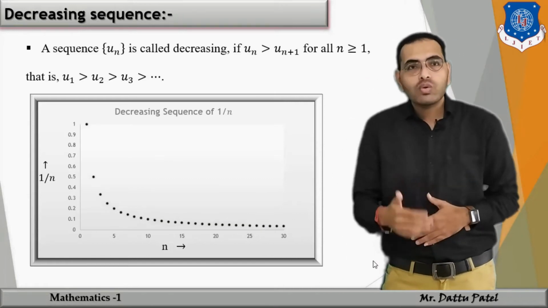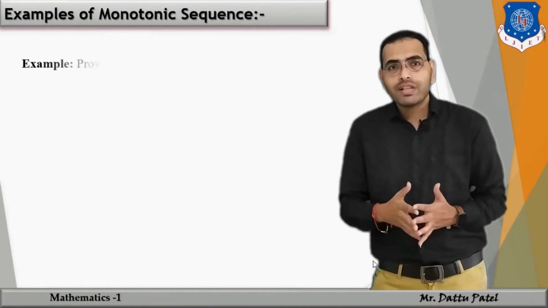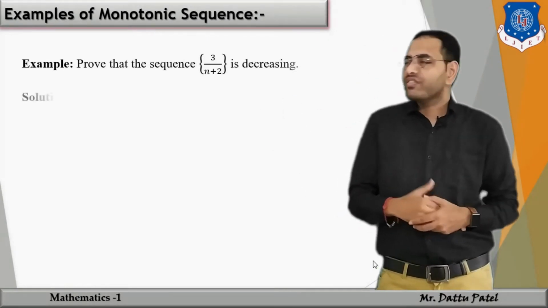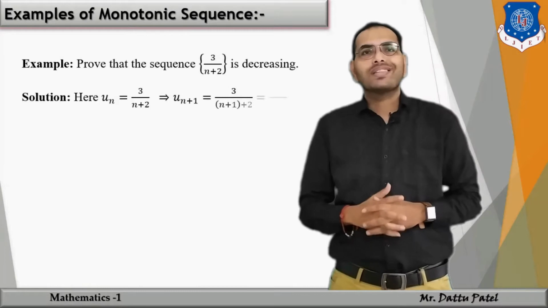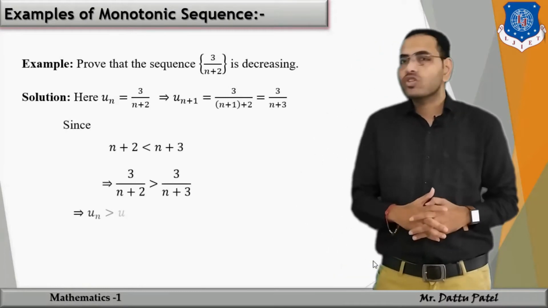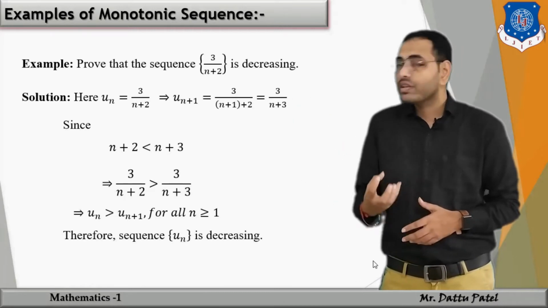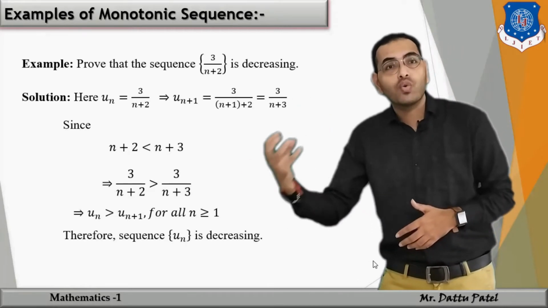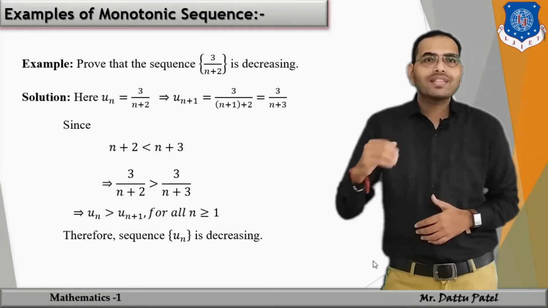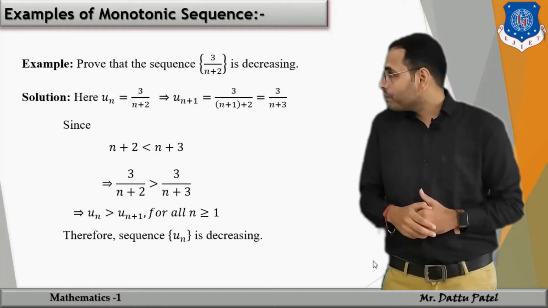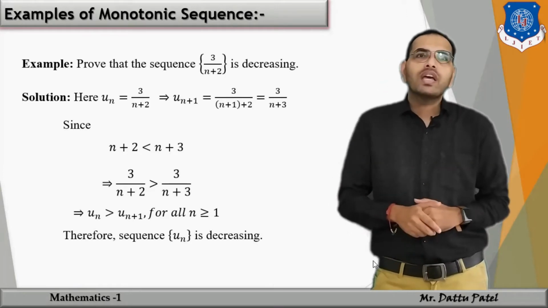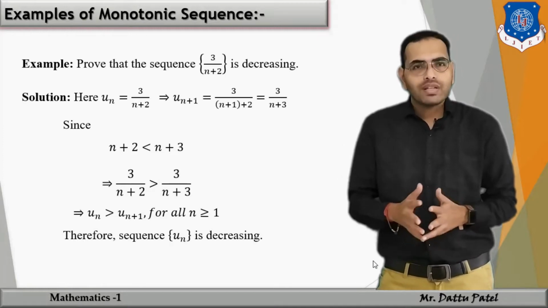Now let's move to a few examples of monotonic sequences. First example: prove the sequence 3 by n plus 2 is decreasing. First, the sequence 3 by n plus 2 is our u_n. Now replacing n by n plus 1, u_(n+1) equals 3 by n plus 3.